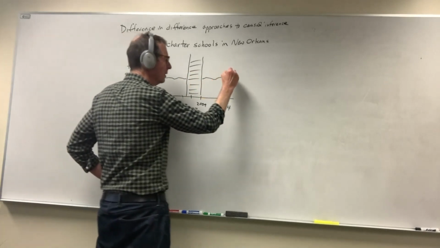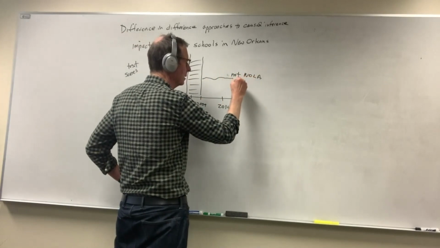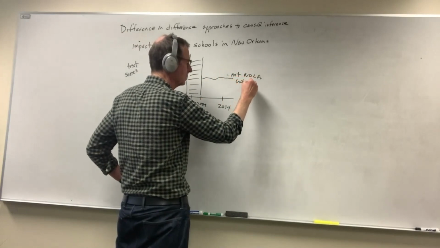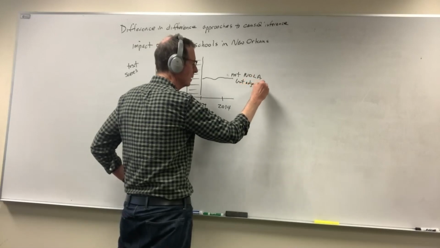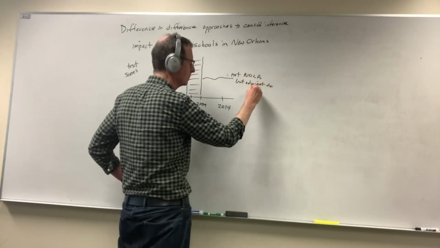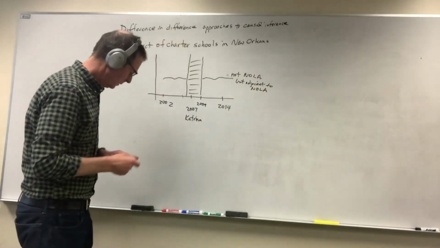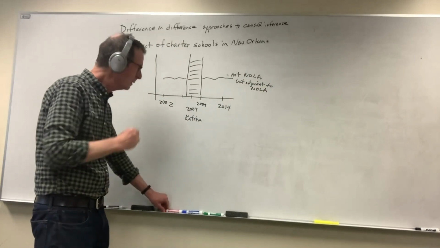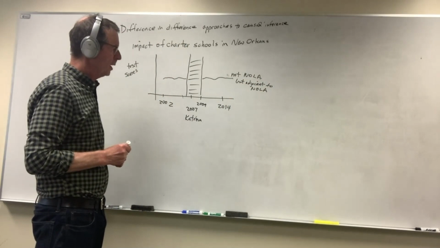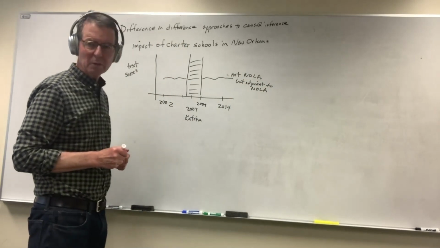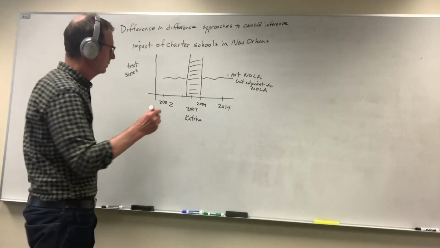This is not New Orleans, not NOLA, but adjacent to NOLA. So they're going to be tracking in some way. And you really want to know where New Orleans is relative to these adjacent school districts.